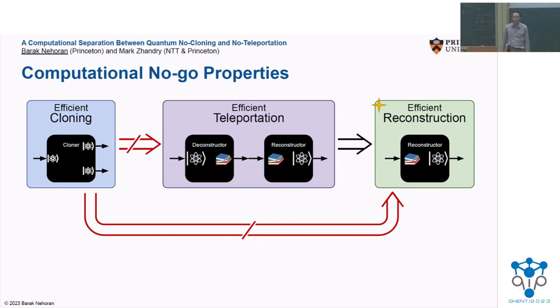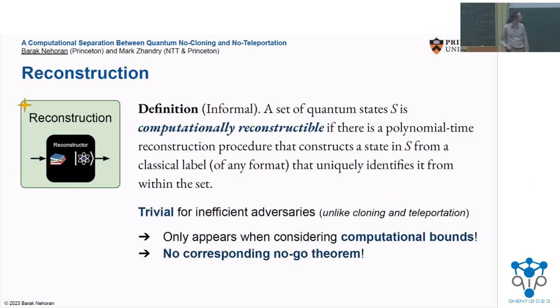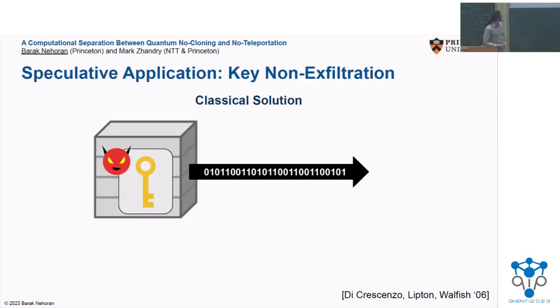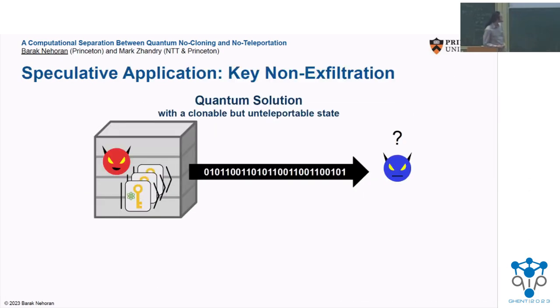I think the result of the impossibility for non-key exfiltration not only applies to the adversary, but also to clients living outside of the server room. So, for example, even if you have multiple copies of the same key, if you want to use it in a communication with clients outside of your server room, then you still have to classically communicate the measurement outcome of your keys to your clients.